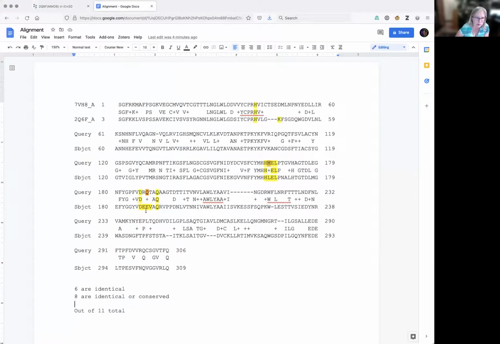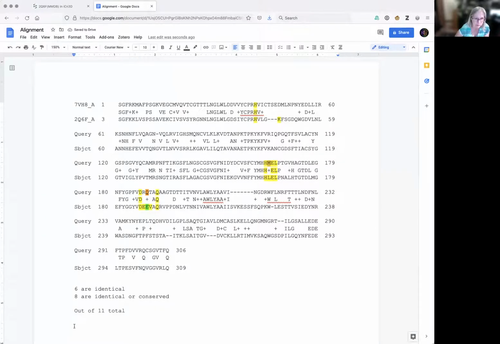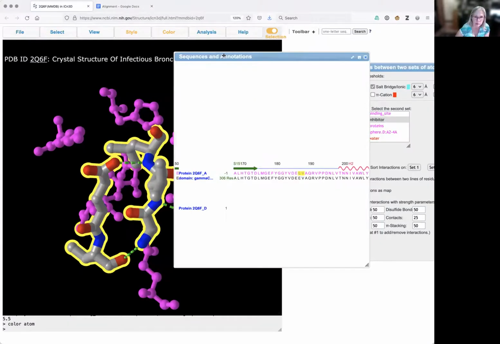All right. Okay, so that is this one right here. And it's not exactly the same, but remember this one is also conserved. So let's just mark this so that I can remember that that was forming a hydrogen bond. And let's see what else we've got. That was glutamic acid 187.